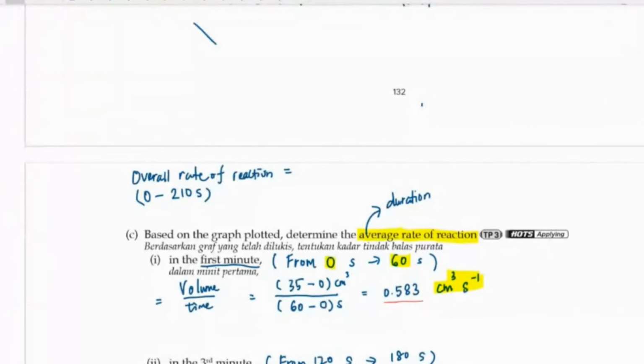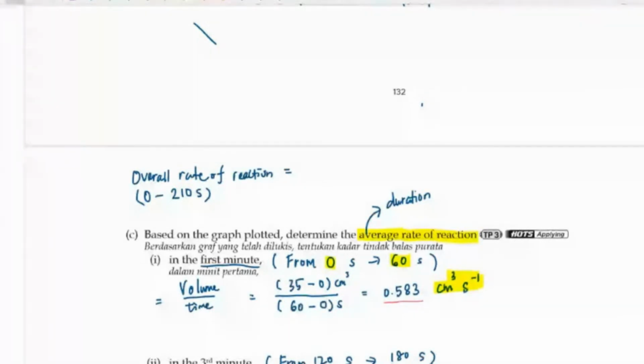Okay, 0.229. So how about the others? Any other answer besides this?